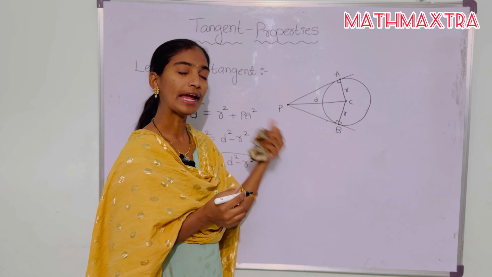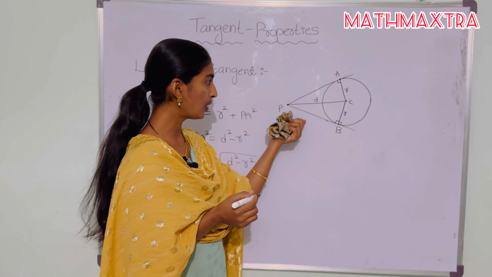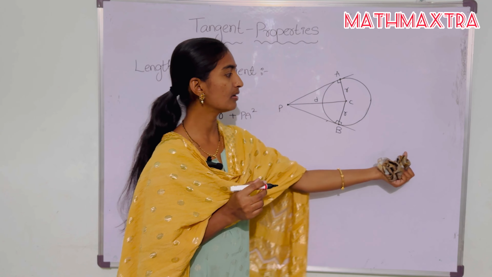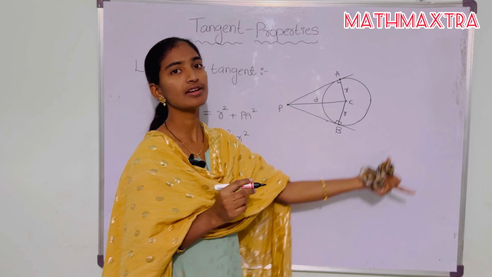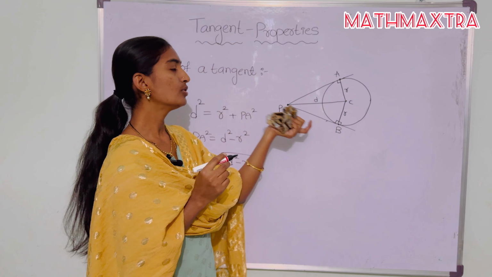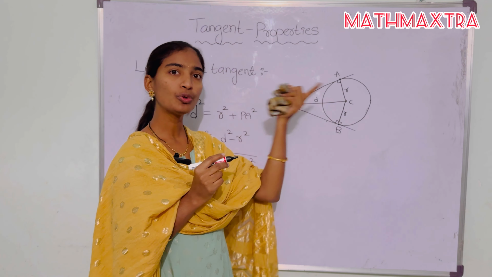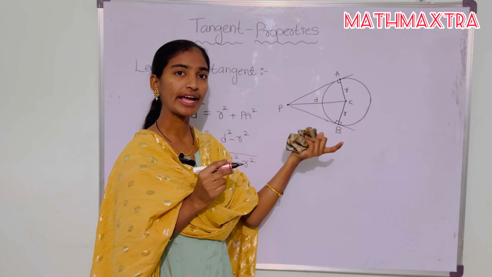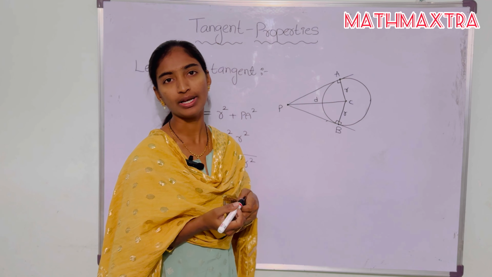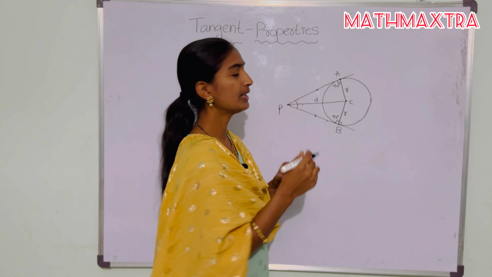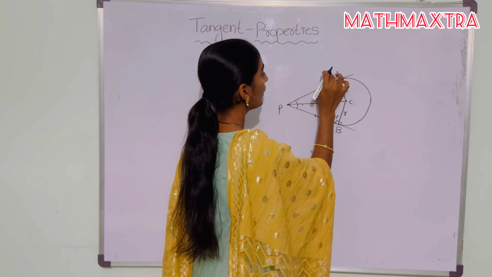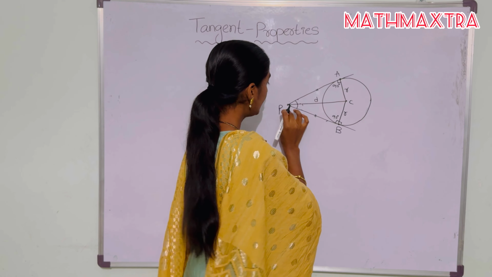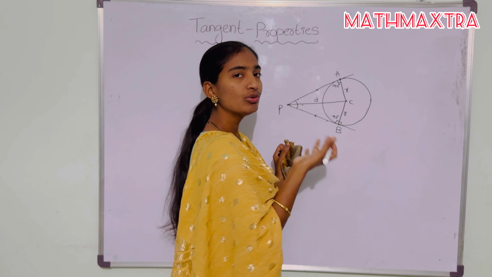Through any external point, not only this point, you can consider a point here or here or here. You can consider a point anywhere. But through that point, if you draw two tangents, those two tangent lengths are always equal. Our next property is, you observe this triangle PAC and triangle PBC. How do they look?